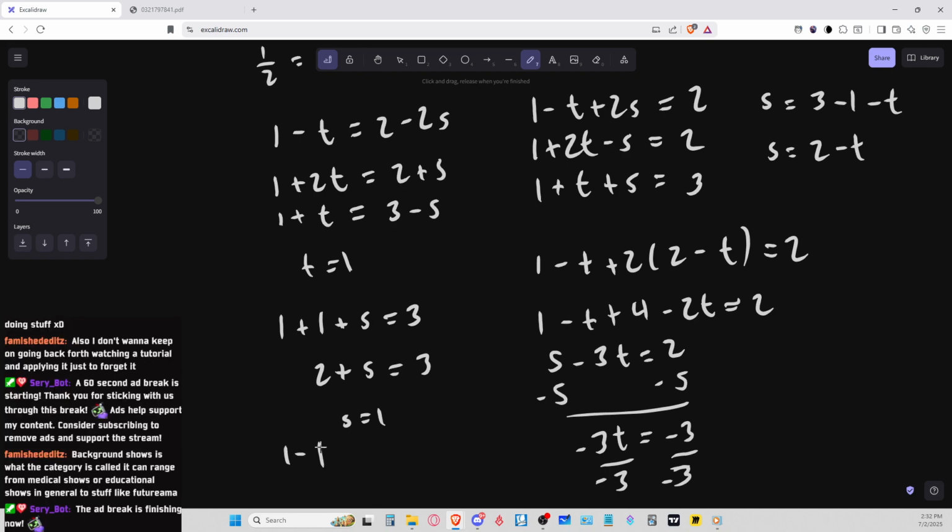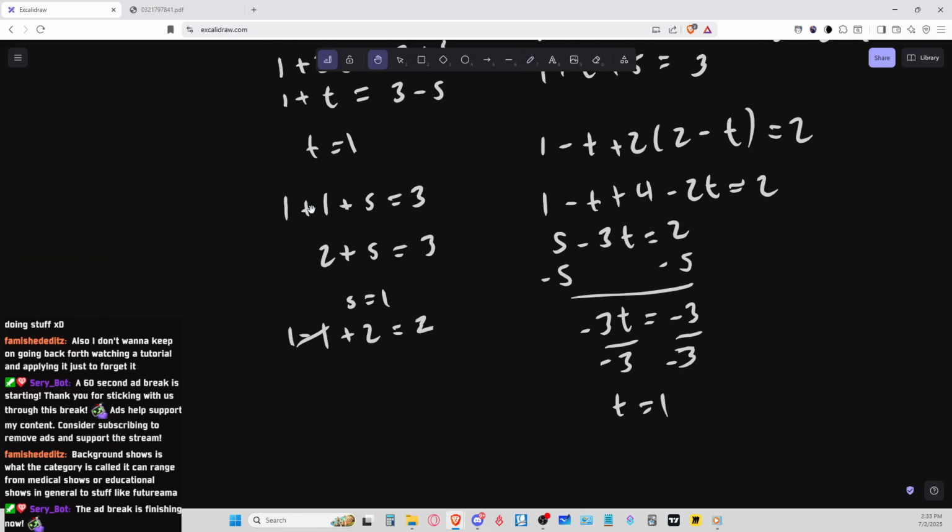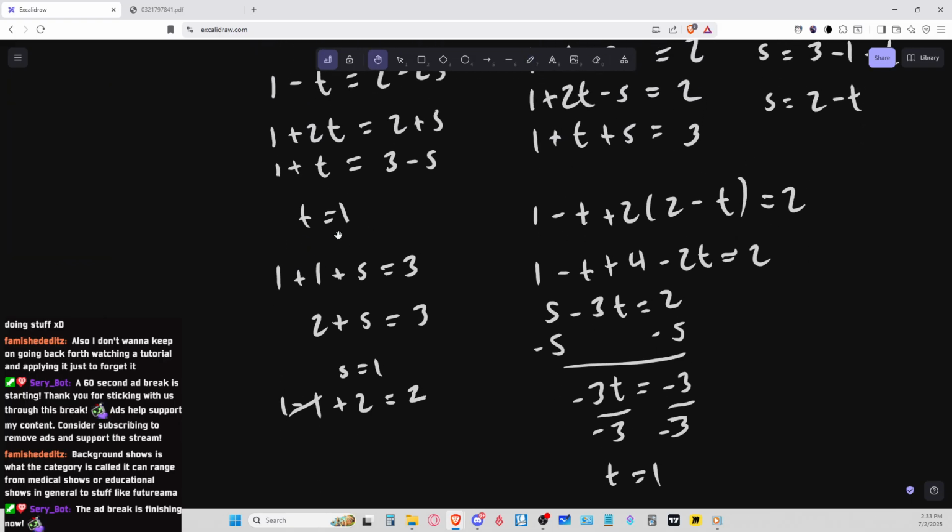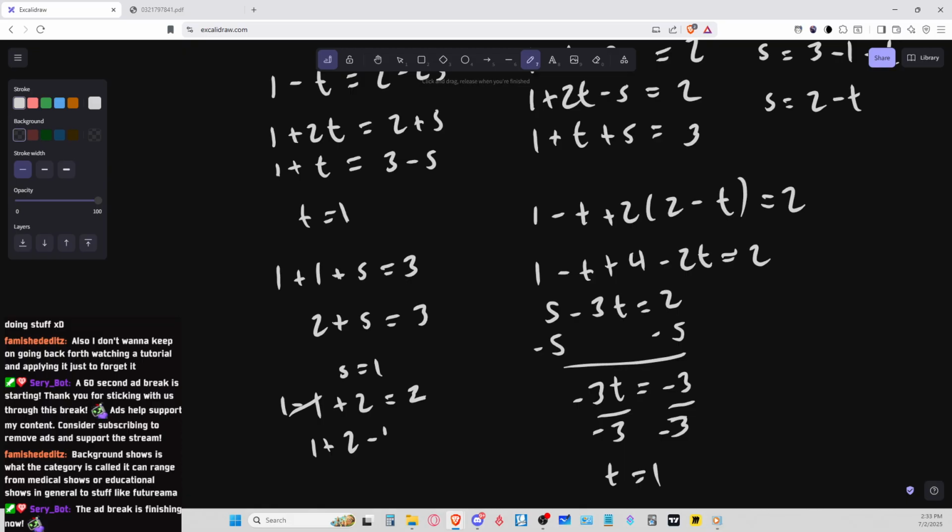So 1 minus 1 plus 2 equals 2. Yeah, that works for the first one. The second one is 1 plus 2 minus 1. Yeah, that's also 2. Okay, that works. 1 plus 1 plus 1 equals 3. Okay, so they all work.